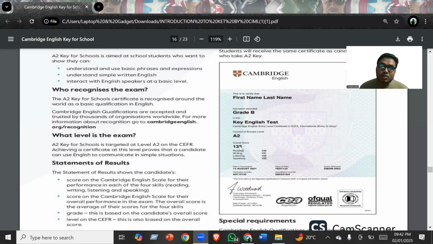Your level is A2, and of course, your scaling marks or your overall scores will be there. Okay. The thing is, your four skills, whether it's reading or writing or speaking or listening, these four skills will be averaged. Your score will be basically on the basis of the average of these four skills in total.